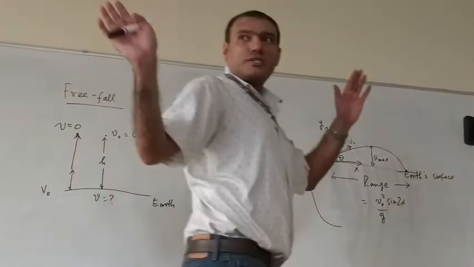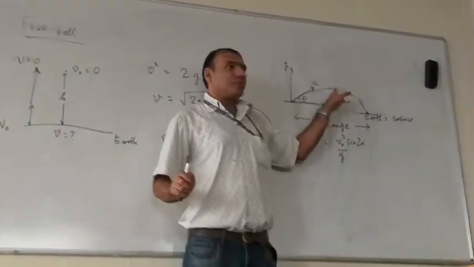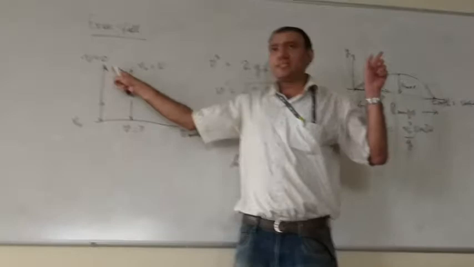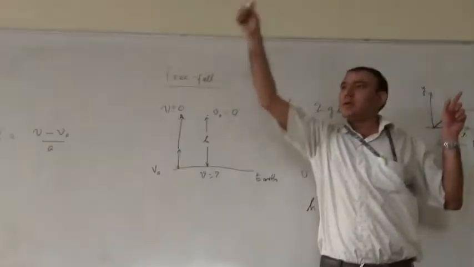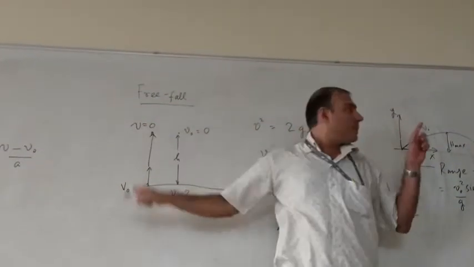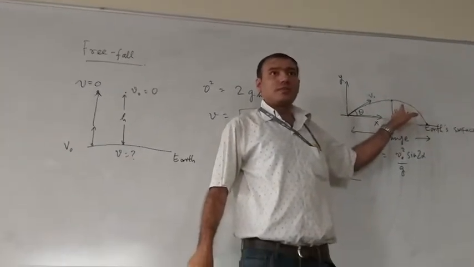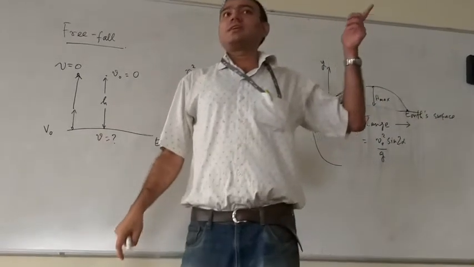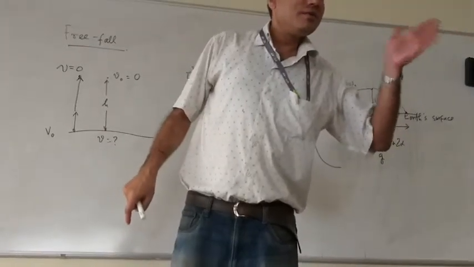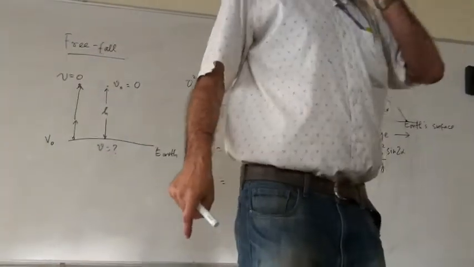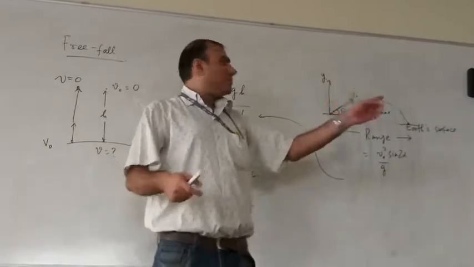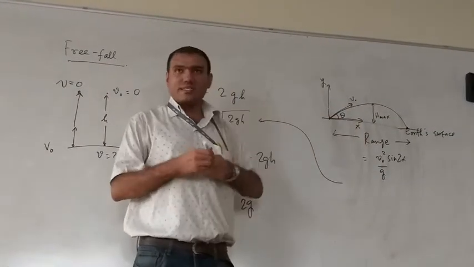Did you get the question? In the 1D case, when you projected it straight up, it was instantaneously 0. But here, at the maximum height, the velocity is non-zero. How much is it? It is Vx, and what is Vx? V naught cosine theta, exactly.